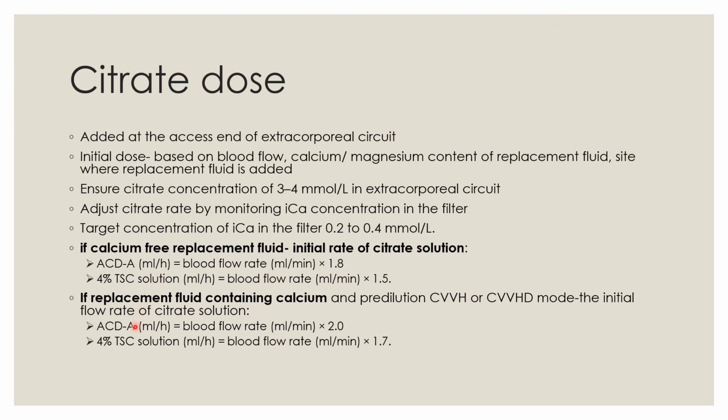If acid citrate dextrose solution is used, then rate in ml per hour will be blood flow rate in ml per minute multiplied by a factor of 2, while in case of 4% trisodium citrate solution, blood flow rate is multiplied by 1.7. Remember, these are initial citrate flow rates only, and subsequent adjustment should be made based on ionized calcium levels in the filter.